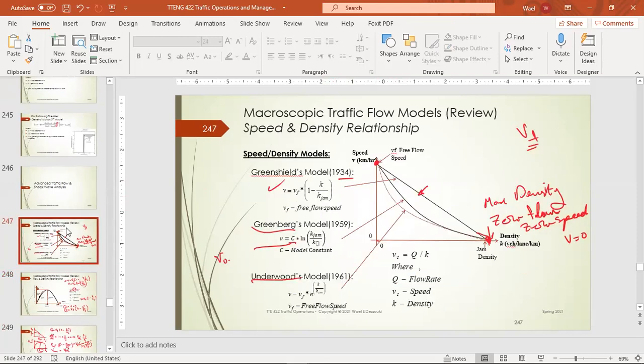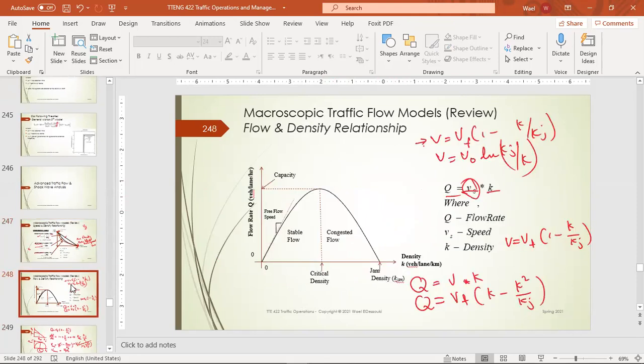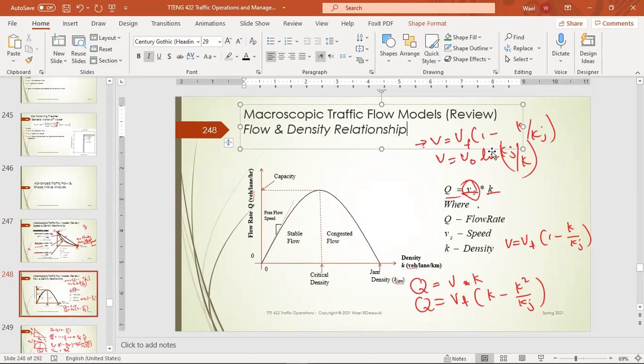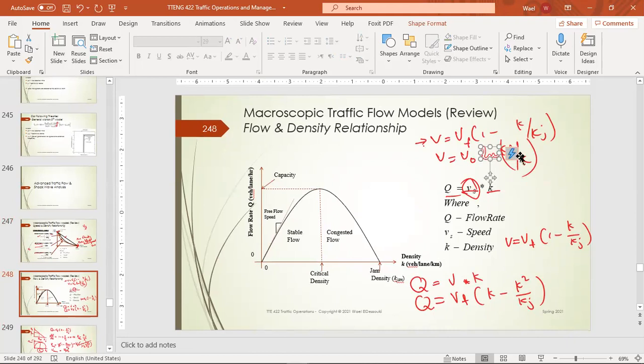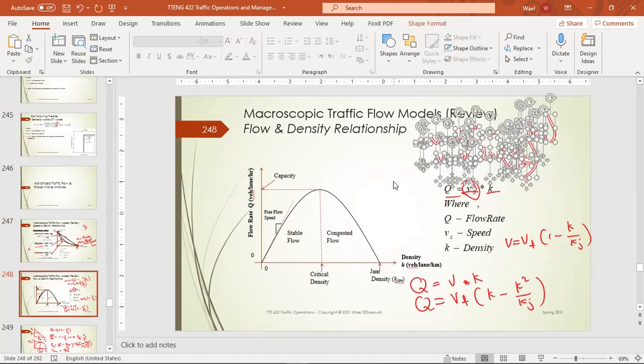Based on the Greenshields model, we can find the flow-density relationship. Let me just clear this from the board.